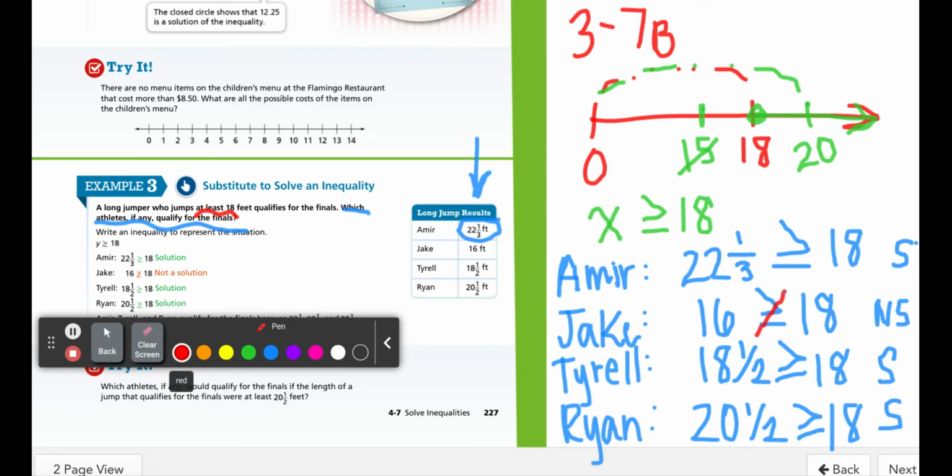They put a line through it because 16 is not greater than or equal to 18. So whichever numbers here are solutions to the inequality, those people qualified for finals. So we would have Amir, Tyrell, and Ryan all qualified for the long jump finals.